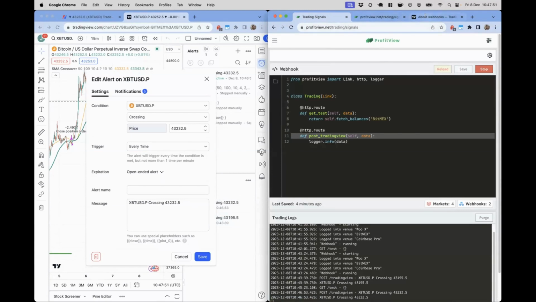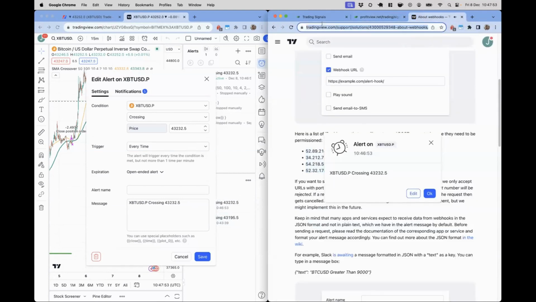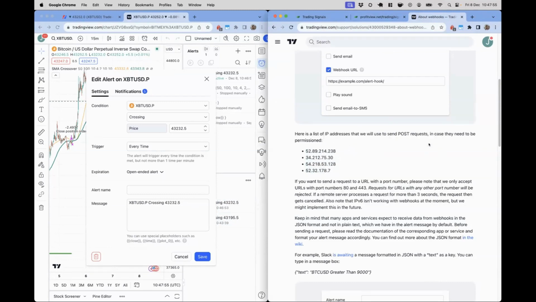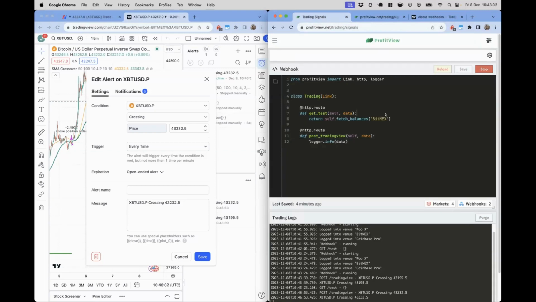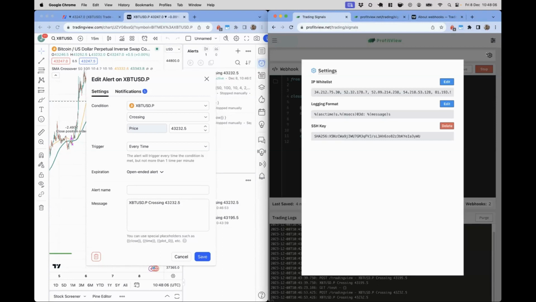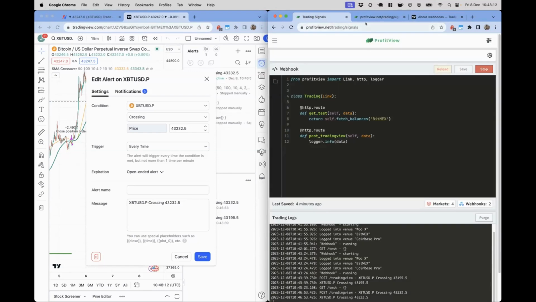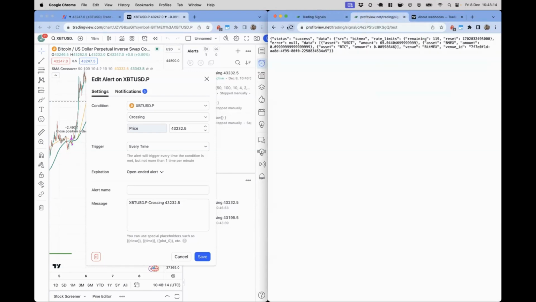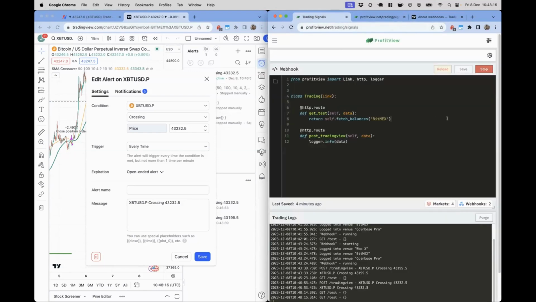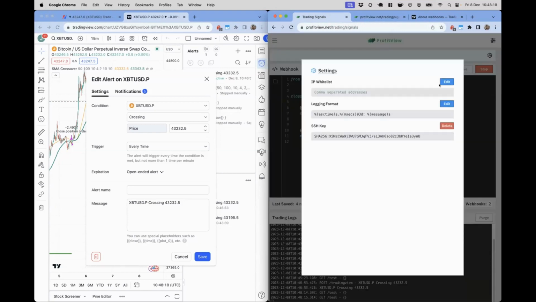And if you do a search, TradingView has a list of IP addresses that you can permission to send webhooks. For example, if I remove any IP whitelist and come back here, actually, let me just check.